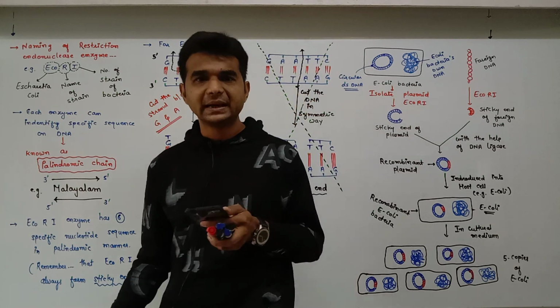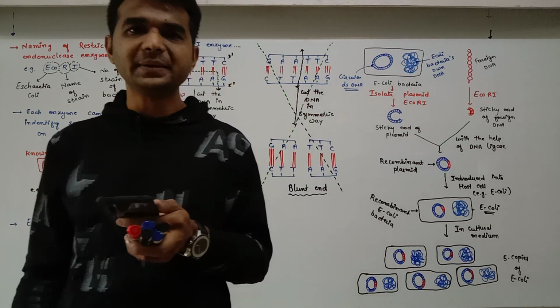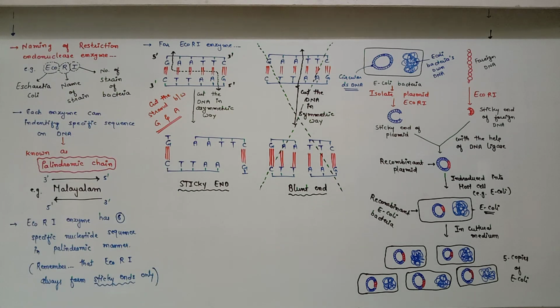Transformation means entry of recombinant plasmid into E. coli bacteria. Fine. So now this E. coli bacteria divides and produces copies, which contain the same number of genes.